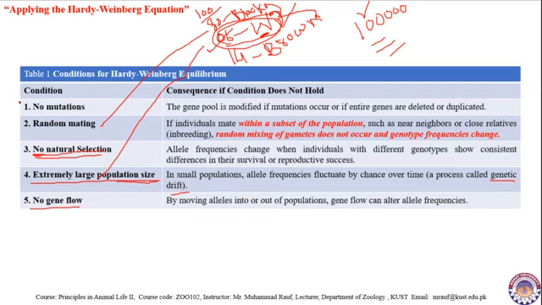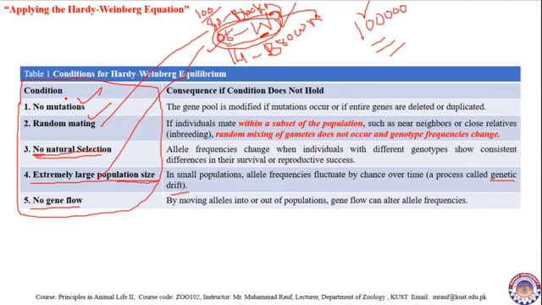So if a population fulfills those 5 conditions, then such a population will not evolve. The allelic and the genotype frequency of such a population will not change. So evolution will not occur in that population.